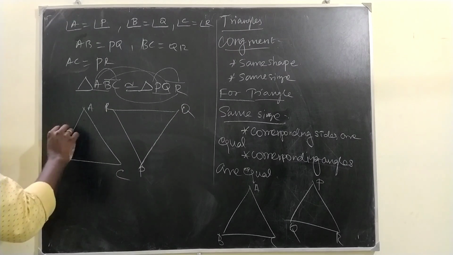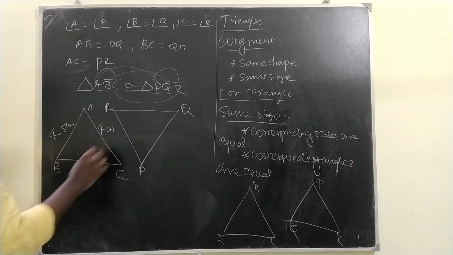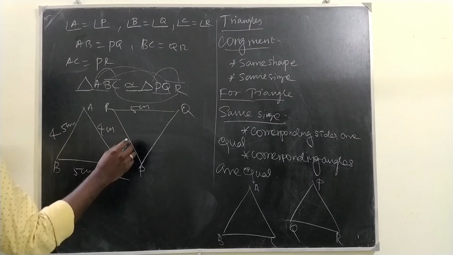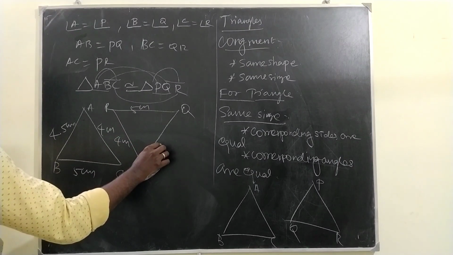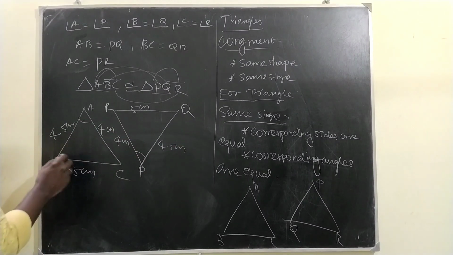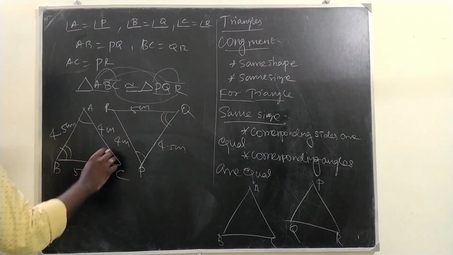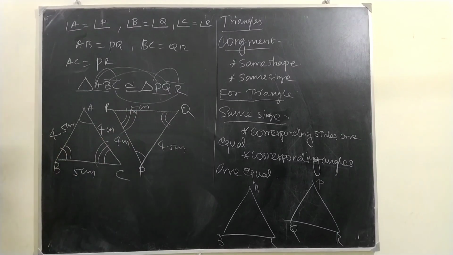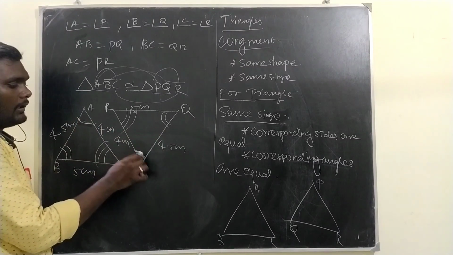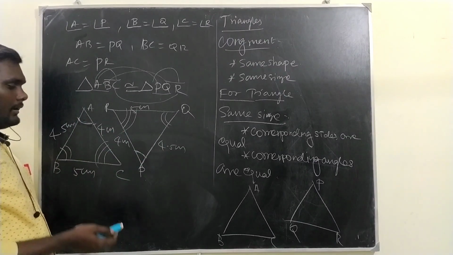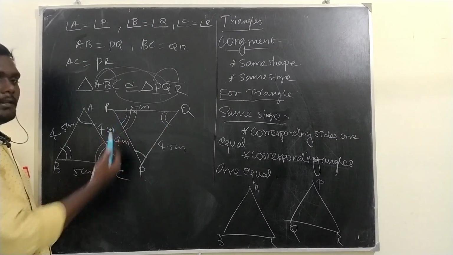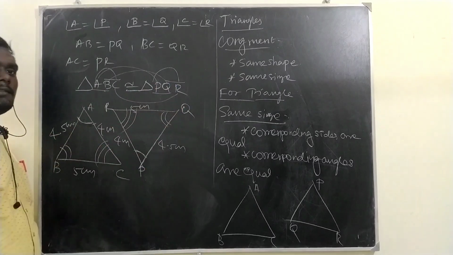Here 4.5 centimeter, and here 4 centimeter, here 5 centimeter, and here 5 centimeter, 4 centimeter, and here 4.5 centimeter, with angle A, angle P, angle B, angle Q, and angle R, angle C. Whenever I mention one side or one angle like this, that is equal. A is equal to P, B is equal to Q, and C is equal to R. So we can say triangle ABC is congruent to PQR.